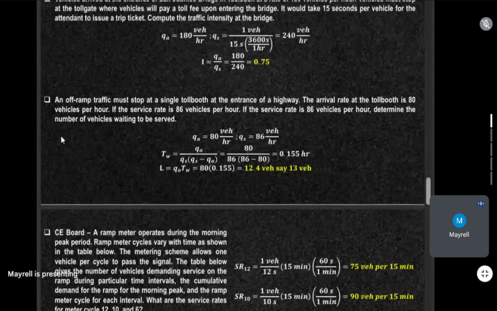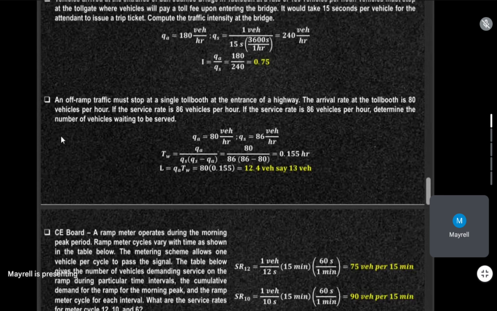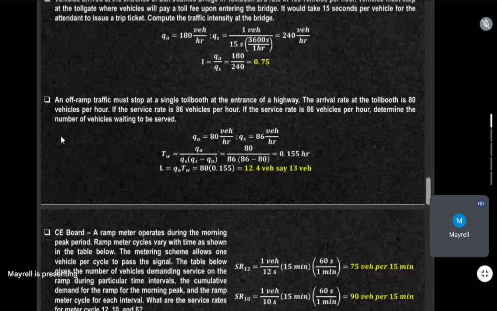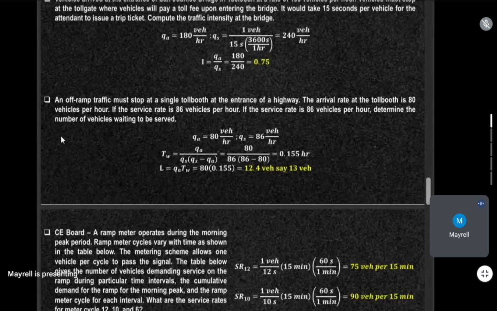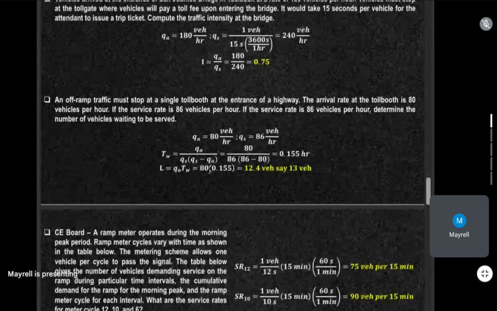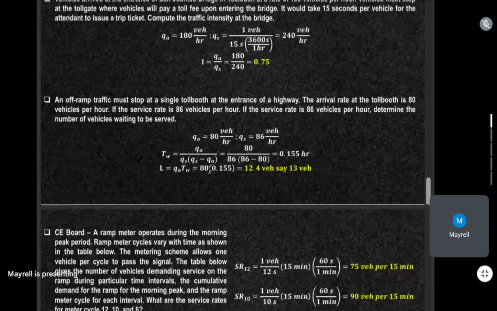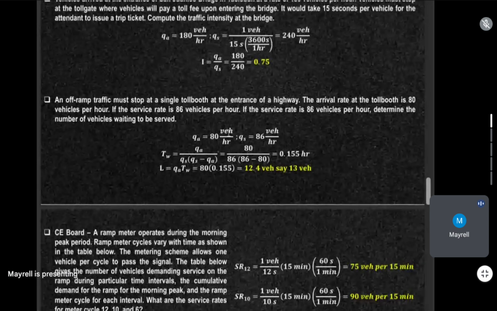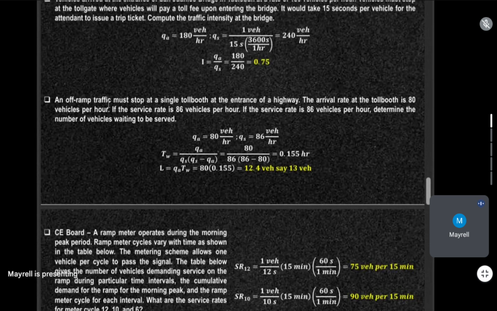If the service rate is 86 vehicles per hour, determine the number of vehicles waiting to be served. We need the QA and the QS. Arrival rate is 80 vehicles per hour. Service rate is 86 vehicles per hour.